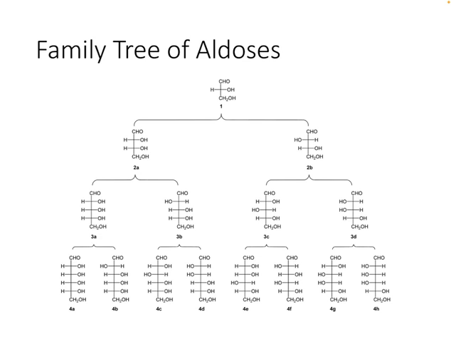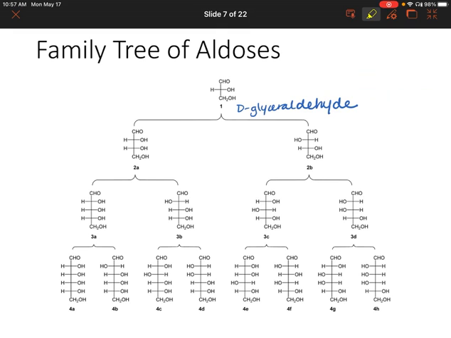Now, before we go, I just wanted to show you a family tree of aldoses. So at the top, we have D-glyceraldehyde, which we saw earlier. And let's say that we start with D-glyceraldehyde, and then we add another chiral center. Remember that chiral center could either have the OH to the right or to the left. So that gives us two different possible structures for the following sugars.